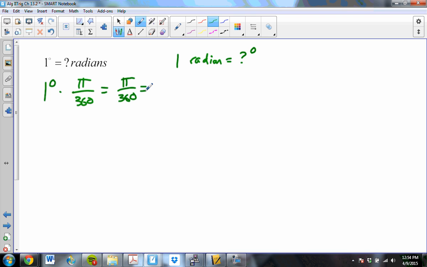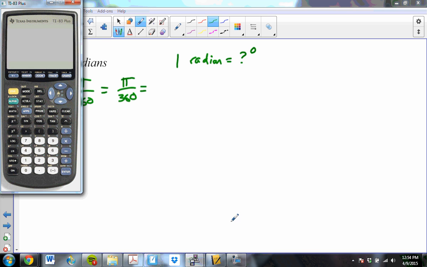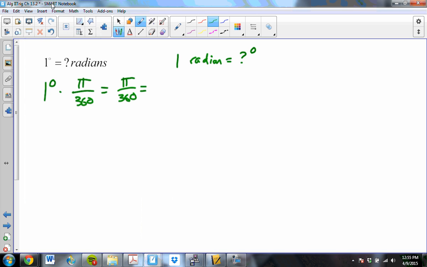Right now, that doesn't really mean anything to you, so I'll simplify or find that decimal. Sorry, not 120, the reciprocal of 120. So anyways, pi divided by 360. 1 degree is 0.0087 radians. Not very big.